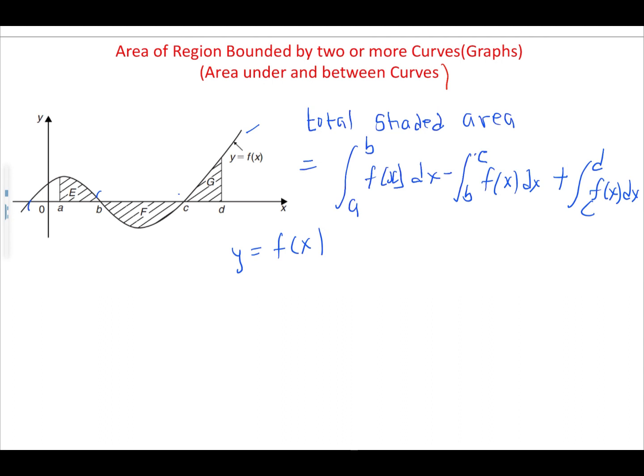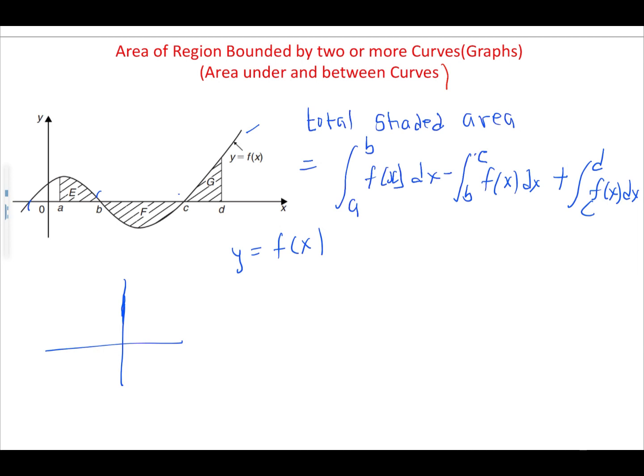You will be given a question, and you need to sketch the graph out of the question, and sketching the graph will also help you find whatever you want to find. There are also some instances where you will be given two graphs, two functions.